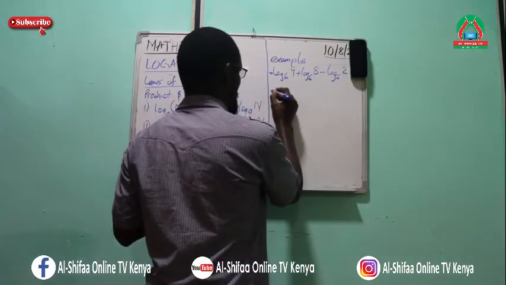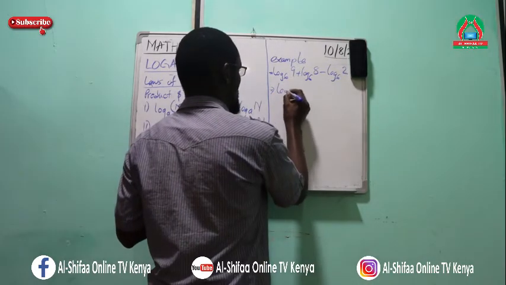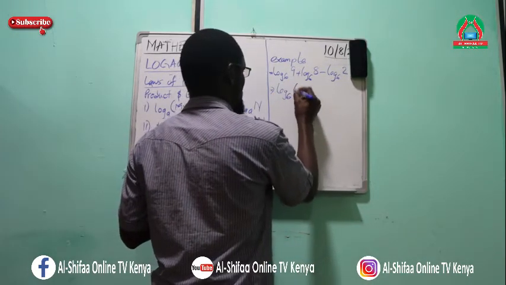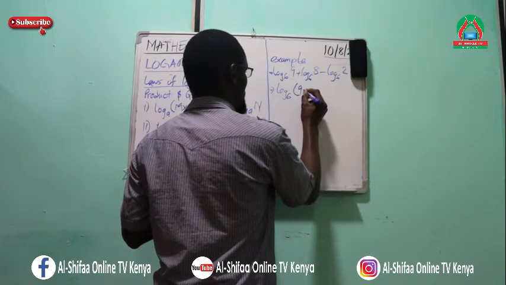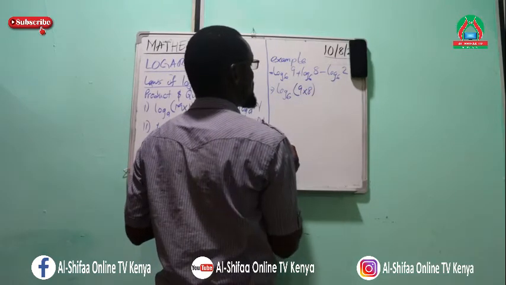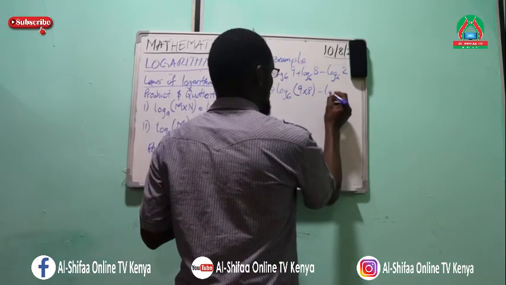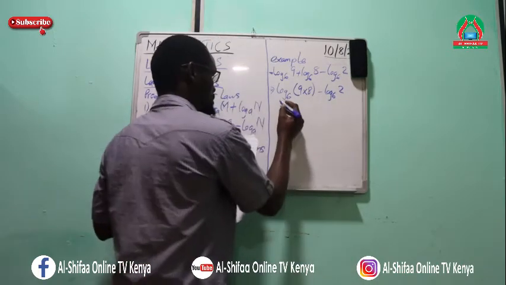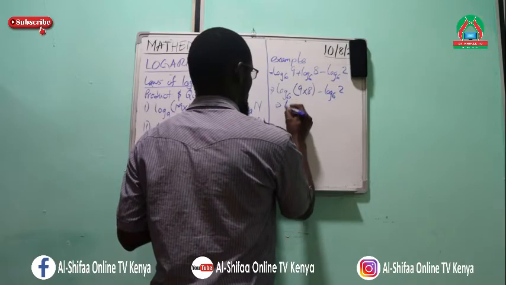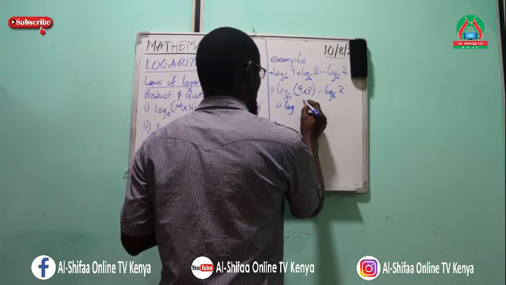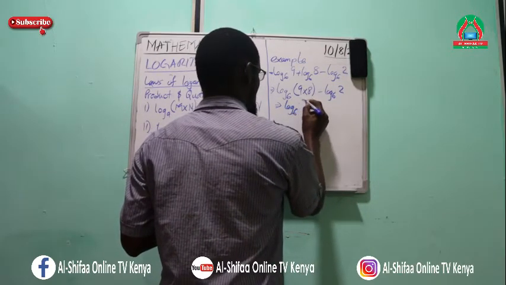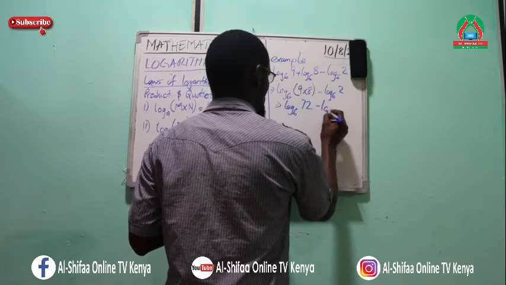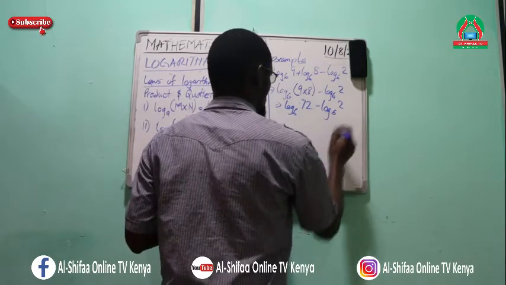This will be equivalent to log the base 6 of bracket 9 multiplied by 8, subtract log to the base 6 of 2, which is equal to log to the base 6 of 72 minus log the base 6 of 2.